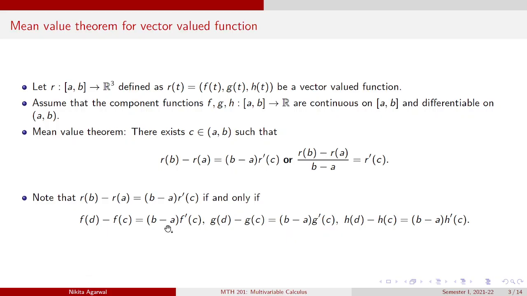So this is what you will get: f(b) minus f(a) is equal to (b minus a) f'(c), g(b) minus g(a) is equal to (b minus a) times g'(c), and h(b) minus h(a) is equal to (b minus a) times h'(c). I'm sorry, the earlier statement should have been b minus a. So I would like you to look at the PDF file for the correction in the last statement.